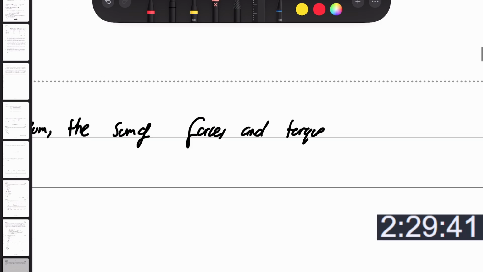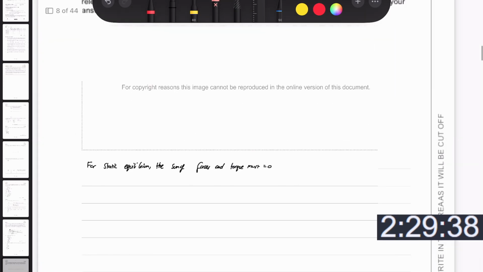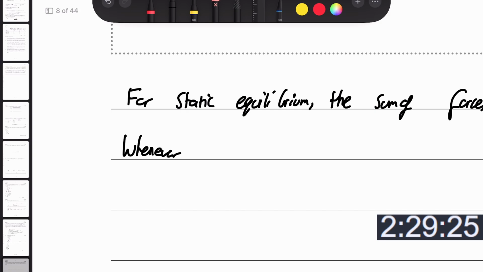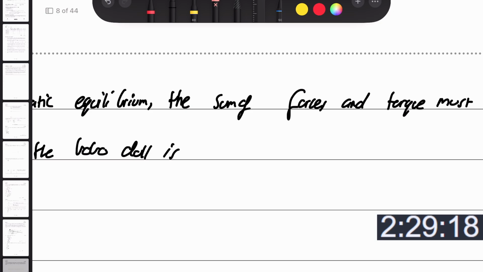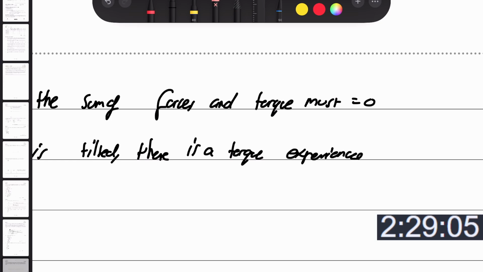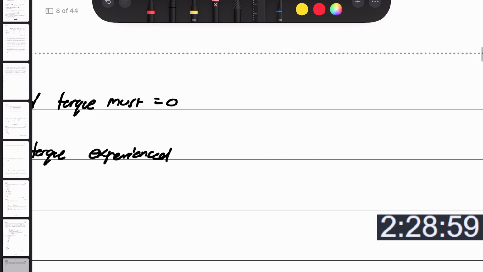and torque must equal 0. And then also, whenever the bobo doll is tilted, there is a torque experienced at the point of contact with the ground.